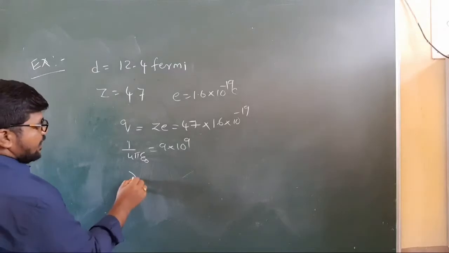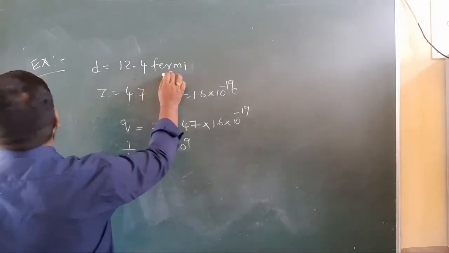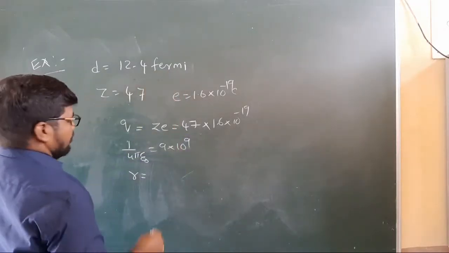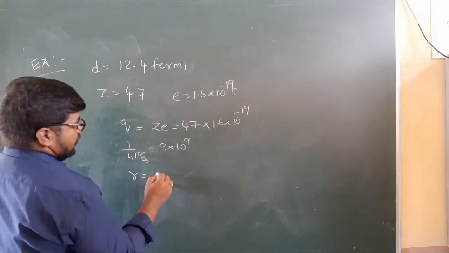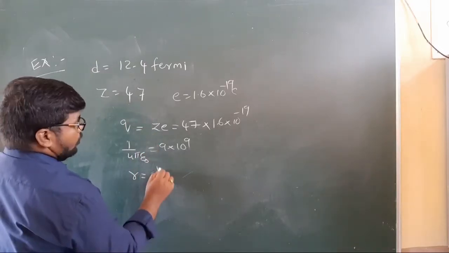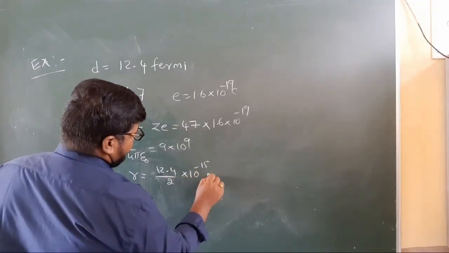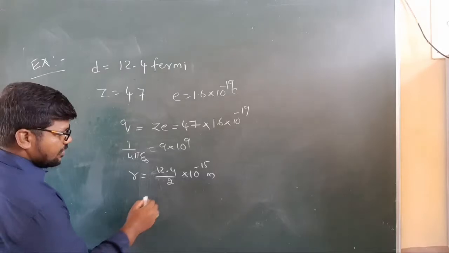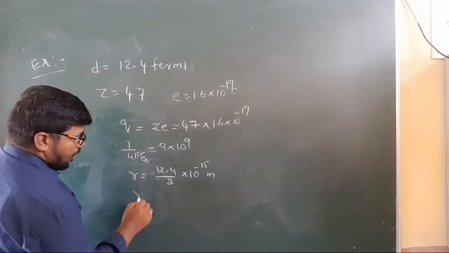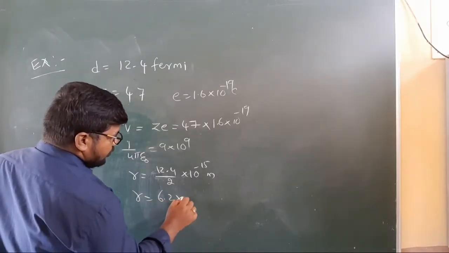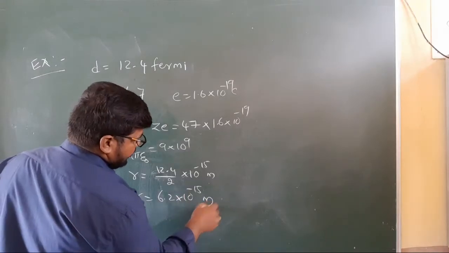The radius in Fermi is 10 power minus 15. So 12.4 by 2 into 10 power minus 15 meters. Rearranging, r is equal to 6.2 into 10 power minus 15 meters.